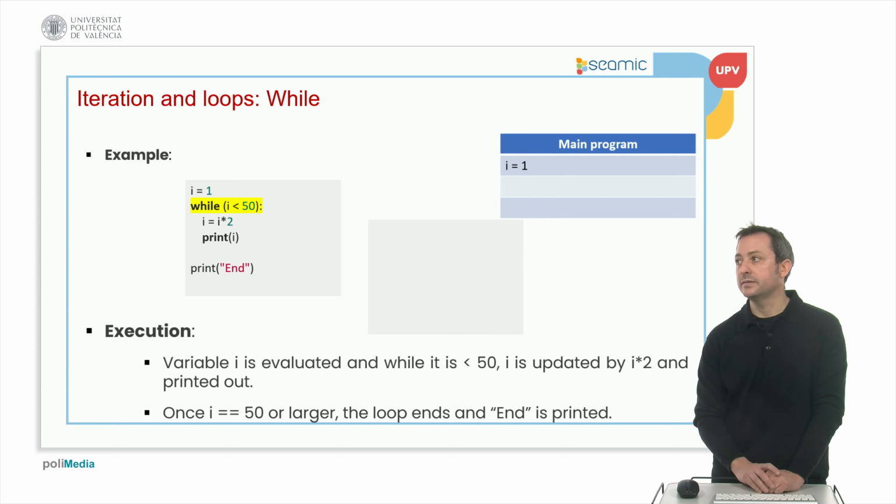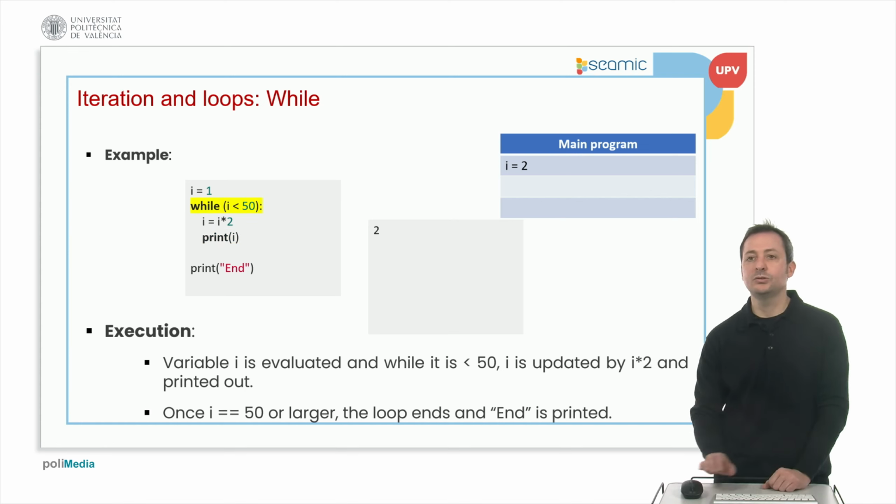In this case, the condition is true, so let's go to the block inside the while statement. This instruction increases the value of I by multiplying the current value, that was 1, by 2. We change here the current value of I, and then we print the value of I in the terminal.